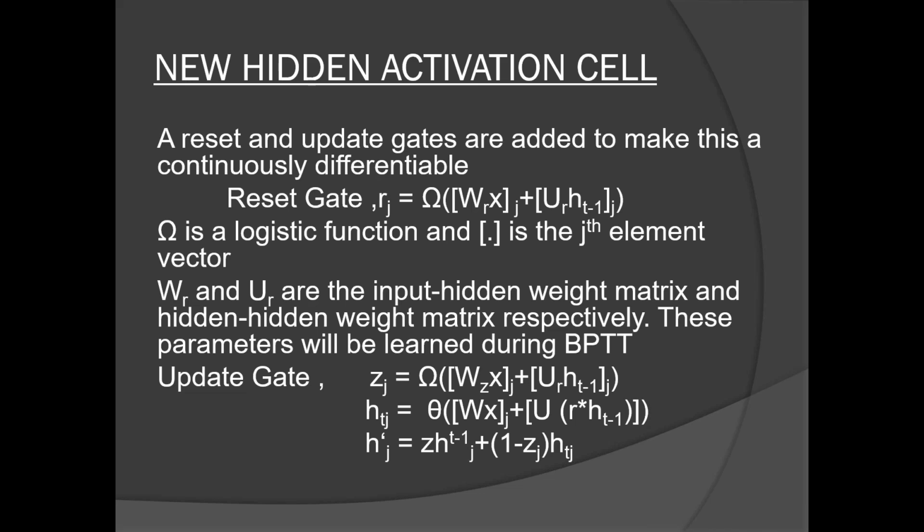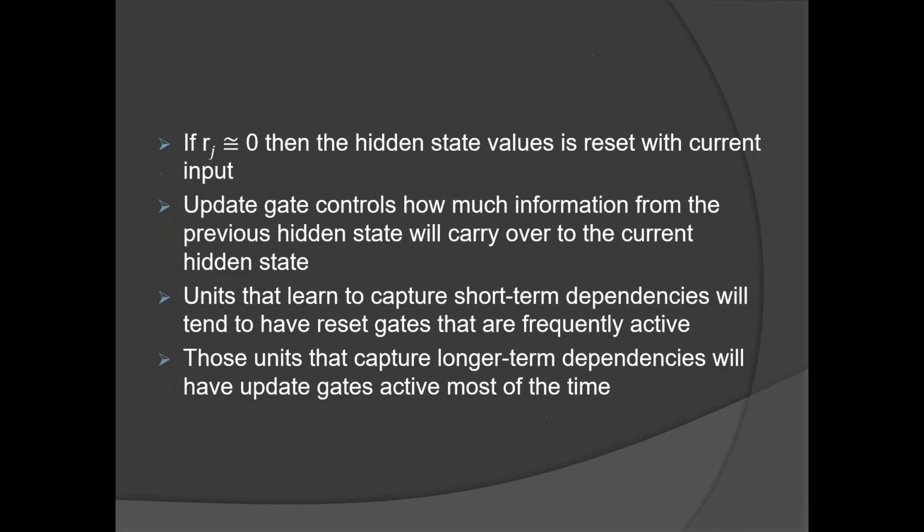This would avoid the complex issue of forgetting memories, and thus the network would understand short-term dependencies through reset gates that are frequently active, while for the long term it would update the values and continue for a longer time. From this we could obtain meaningful sentences, as we lost our context in RNN.